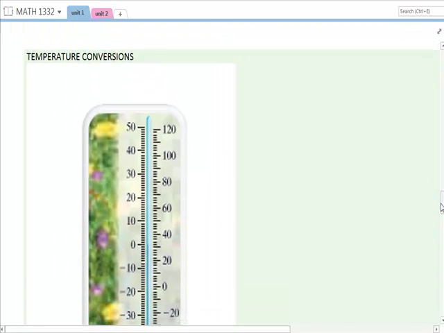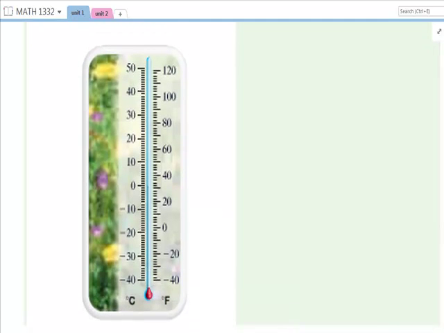We're going to do temperature conversions. This particular little screenshot is of a thermometer that has both the Fahrenheit scale and the Celsius scale. And the thing that I'd like you to notice is, first of all, their zeros are in different places. The size of units is different. Can you see that these Fahrenheit degrees, they're slightly bigger?